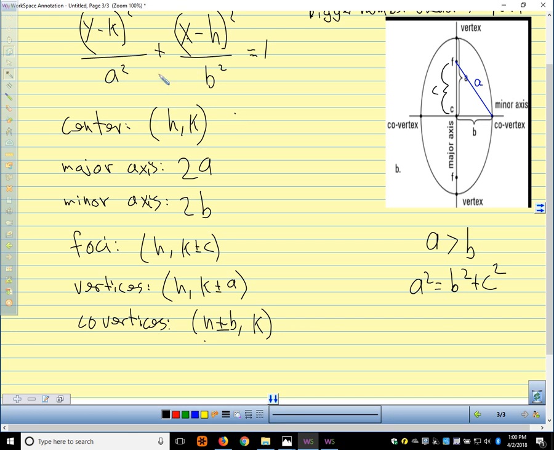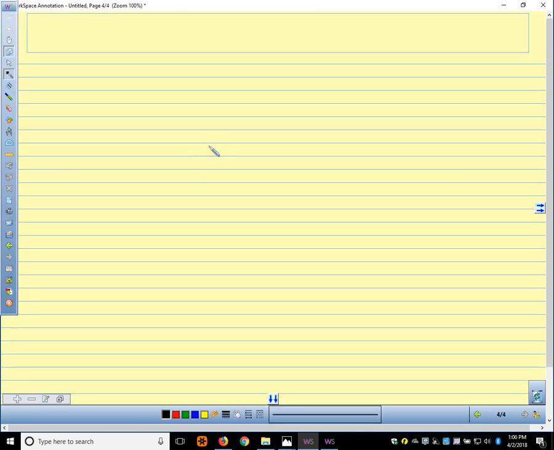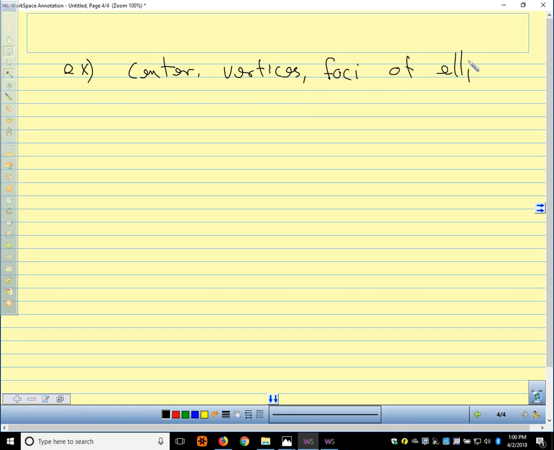Okay, let's look at a couple of examples of the kinds of questions that you're going to be looking at with ellipses. Let's find the center, the vertices, and the foci of the ellipse 9x squared plus 4y squared equals 36.